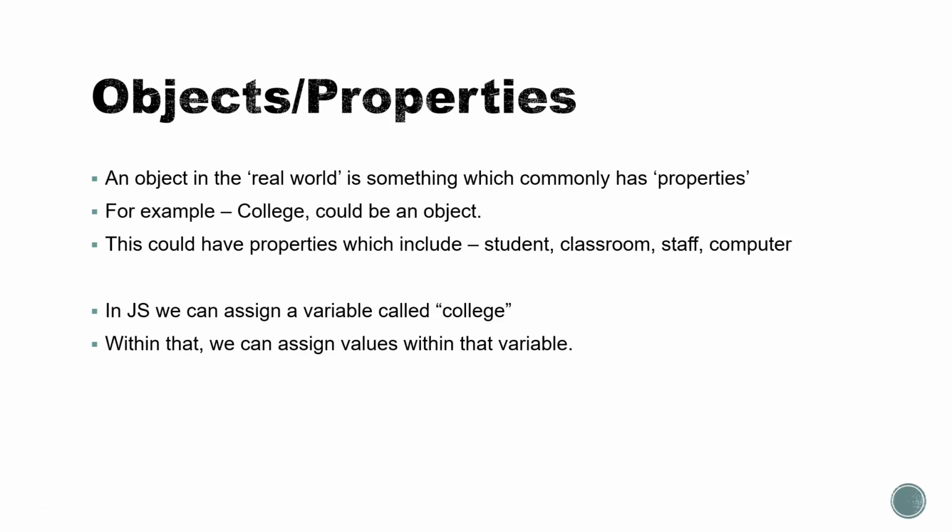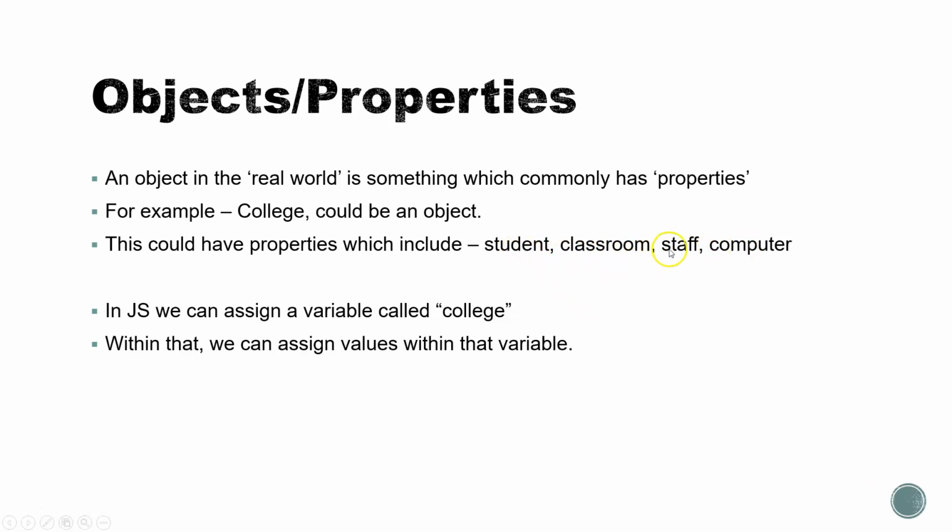But what you'll also find is that just because something is a property for something else doesn't mean that it can't individually be an object later on. So if you take, for example, college here could be an object, and it has student, staff room, staff, and computer. Actually, each one of these individually could in theory be an object, couldn't they?